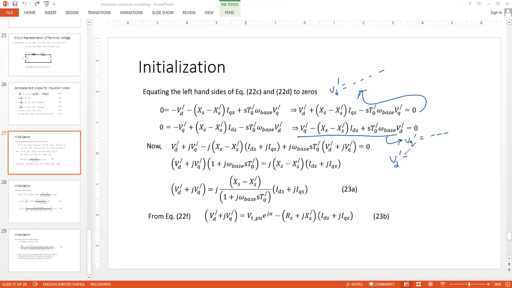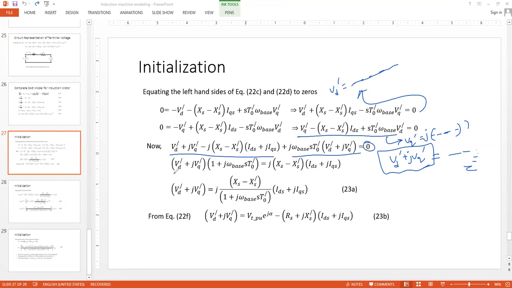Then simply you calculate VD dash plus JVQ dash. You form this expression. That means you take whatever you have here plus you multiply J into whatever you have here, and that would be coming here. Then you change the sides, and then ultimately you will have some 0 on the right hand side.